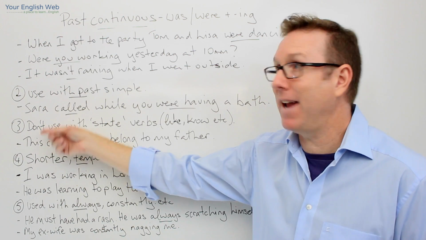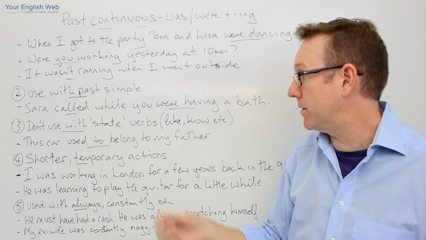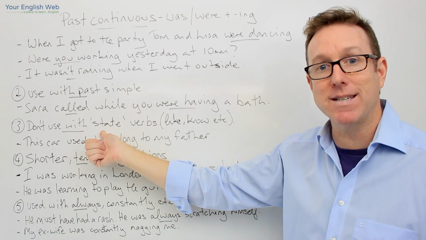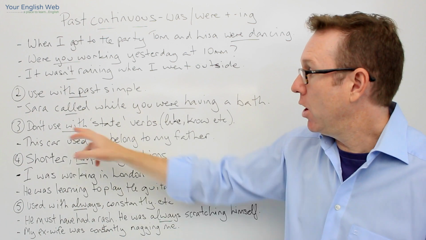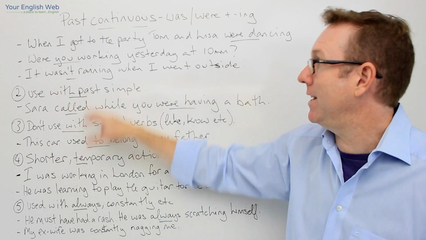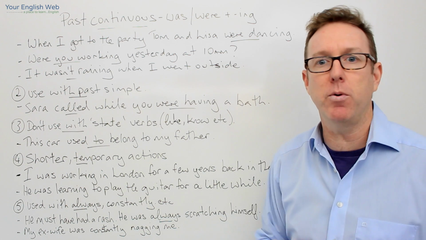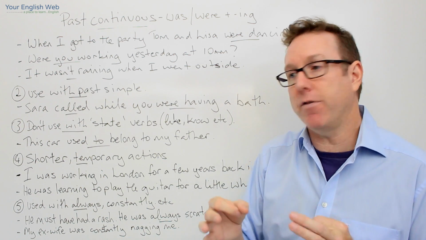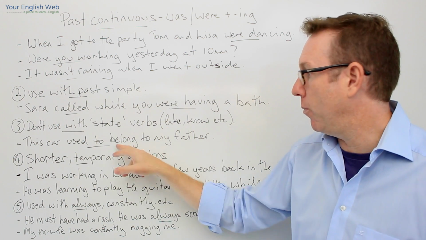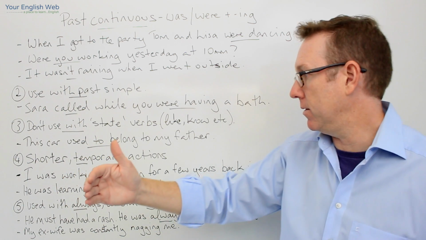Now, we can't use the past continuous. In fact, we can't use continuous tenses with what we know as state verbs. Now, we know we have action verbs and we have state verbs. We don't use continuous tenses. I say we don't use them. You can hear people using them, but the main rule is that when we have a state verb, like, know, or belong in this sense here, we don't use the continuous tenses, okay?